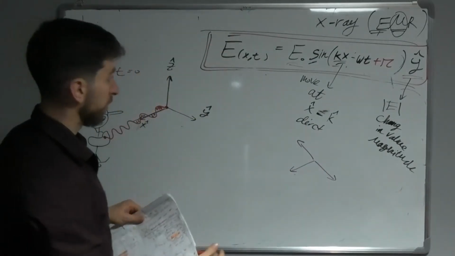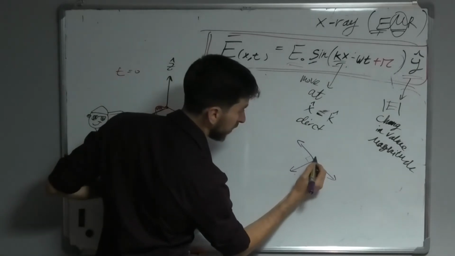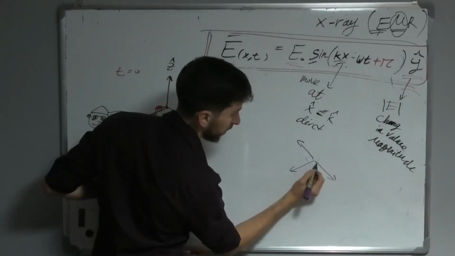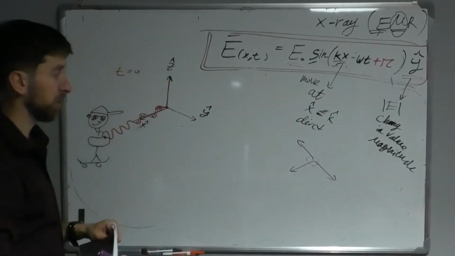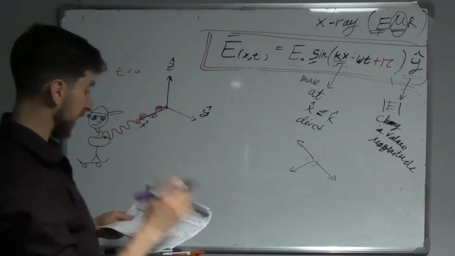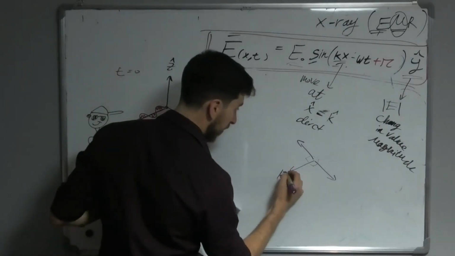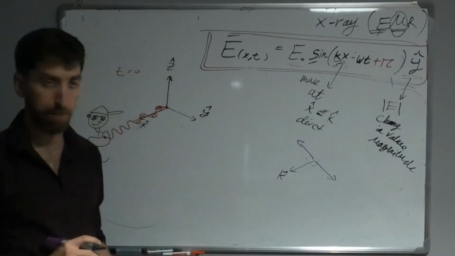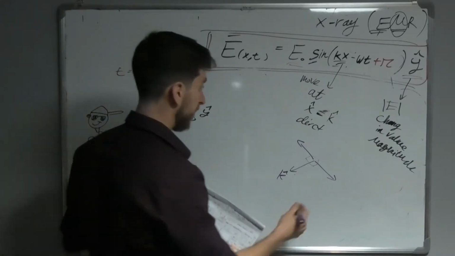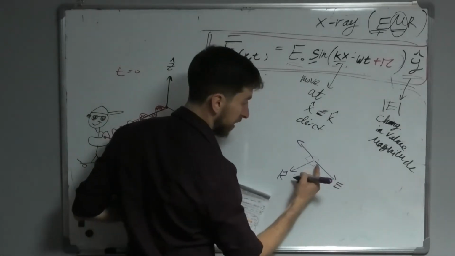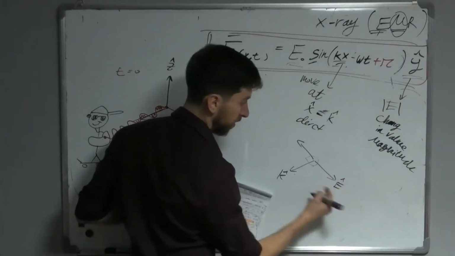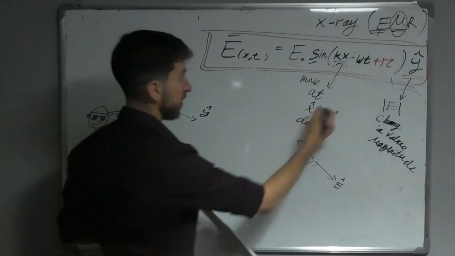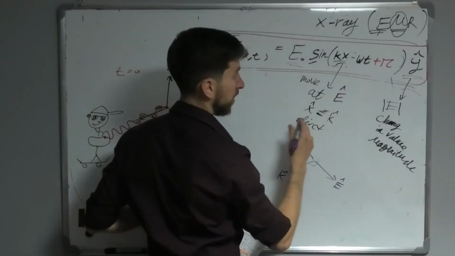This is 90 degrees, this is also 90 degrees, this is also 90 degrees. This is the axis. There's the k, which is the direction where the wave propagates, and there's the electric field, which is at 90 degrees. This is the E direction.